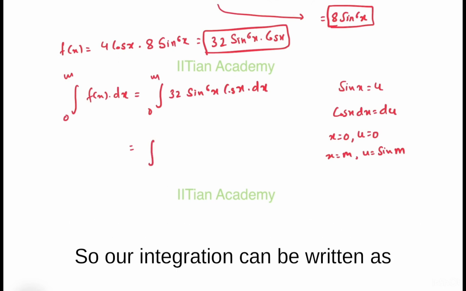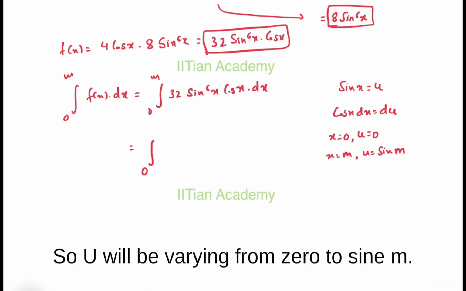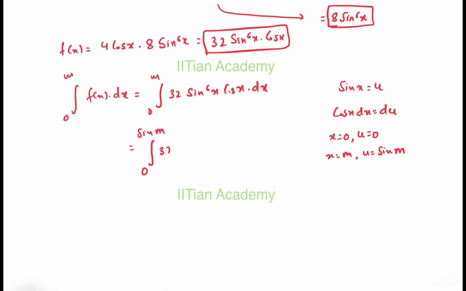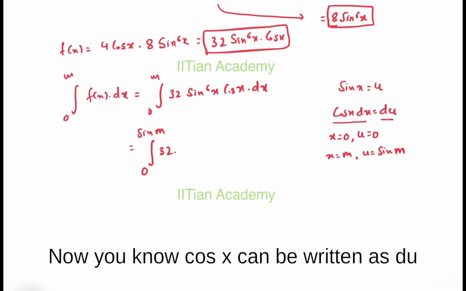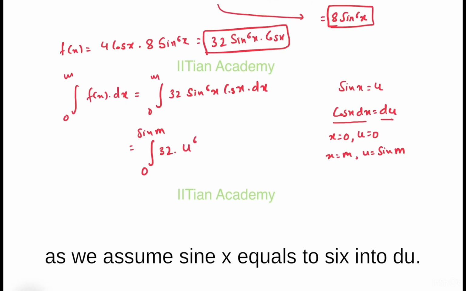So our integration can be written with u varying from 0 to sin m, and this is 32 times u^6 du, as we assumed sin x equals u.